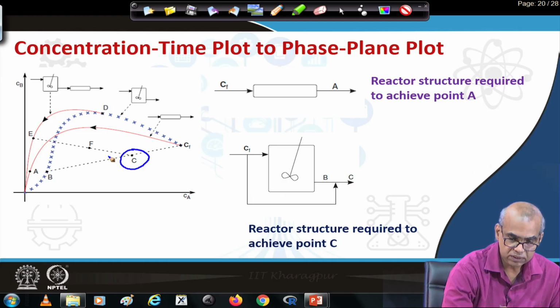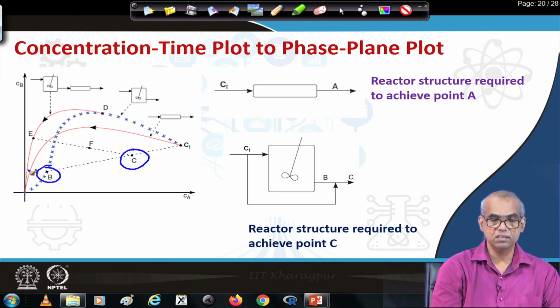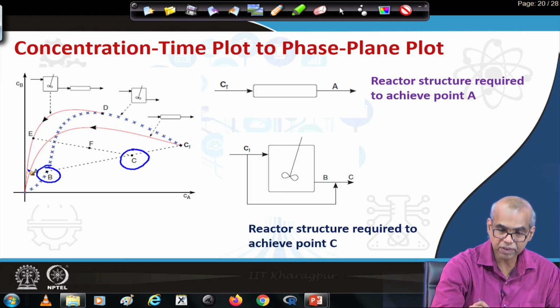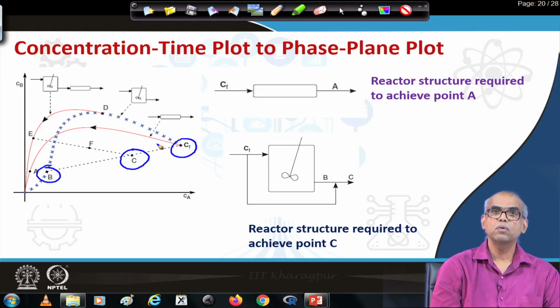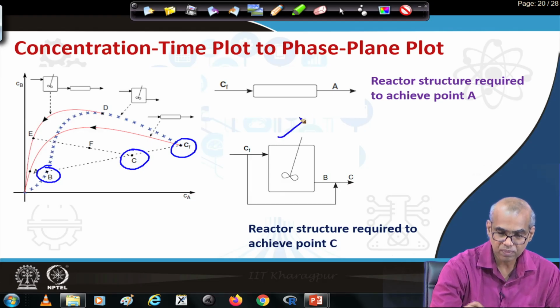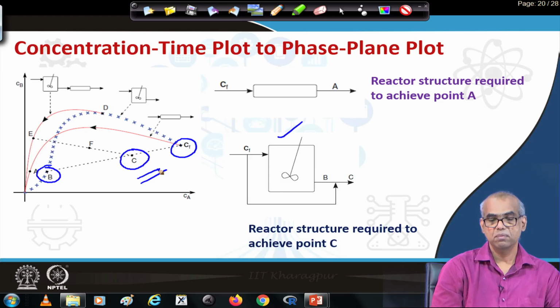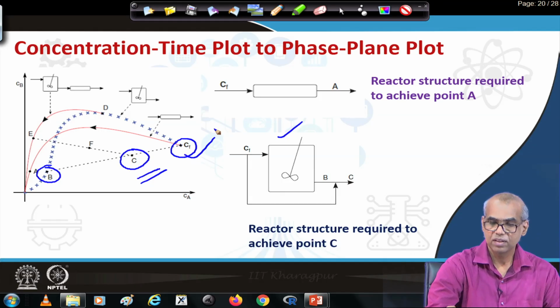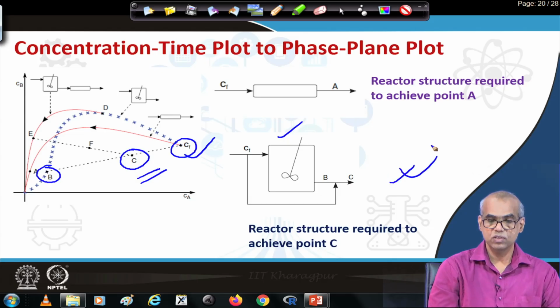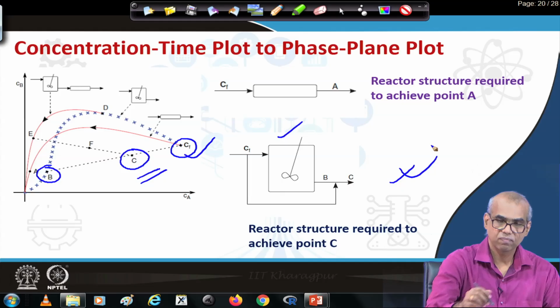Look at point B, which lies on the CSTR locus, and if I join the feed point with point B, I can obtain point C. So, to obtain point B, I need a CSTR, and to obtain point C, I need to mix the effluent stream with the feed given by CF. So, a CSTR with bypass is required to obtain point C.